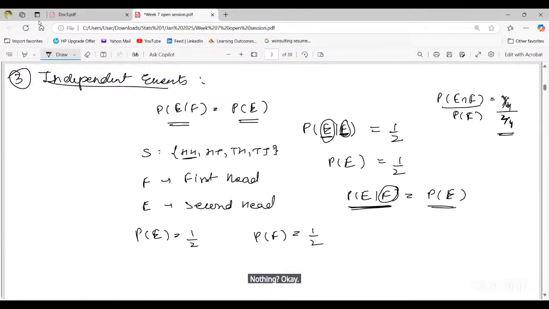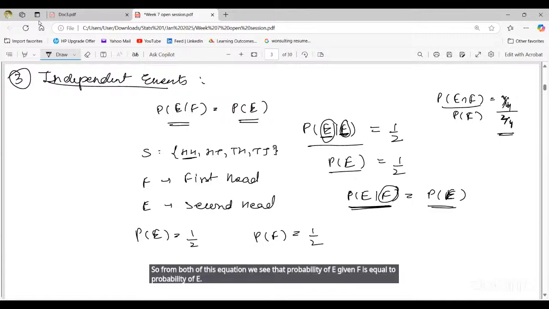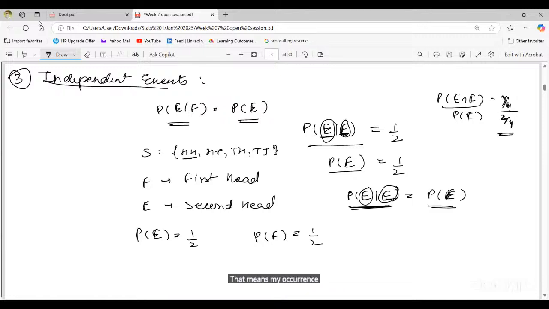So from both of these equations, we see that the probability of E given F is equal to the probability of E. That means the occurrence of E is not depending upon the occurrence of F. Correct? Yes.